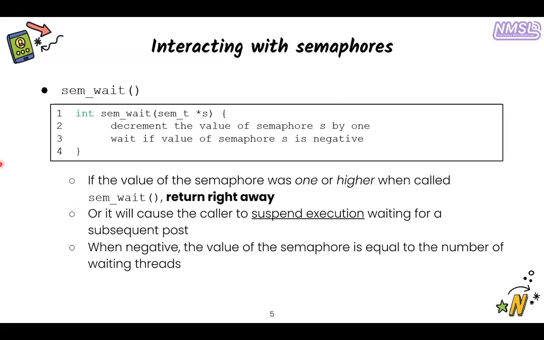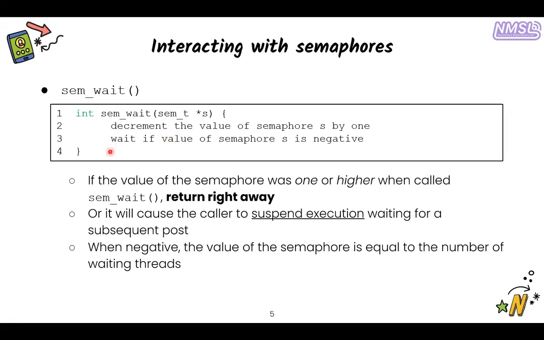So we have semWait and semPost. The implementation itself, how we do it, is not important at this moment. So let's just understand what it does. Here, it will decrement the value of semaphore S by 1. Now, if the value of semaphore S is negative, you just wait.